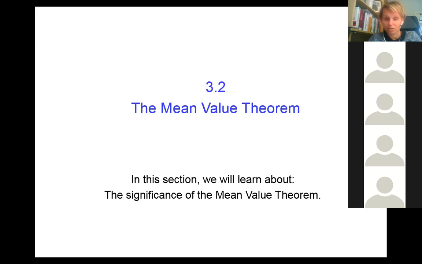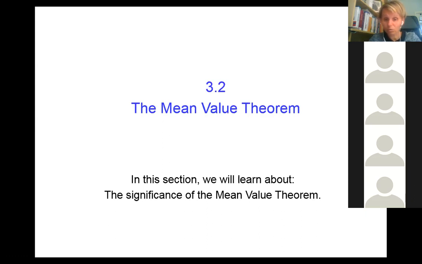Section 3.2 and 3.3. We will still talk about the application of the derivatives, and section 3.2 is about the mean value theorem. We did learn one theorem in section 3.1, which was the extreme value theorem.